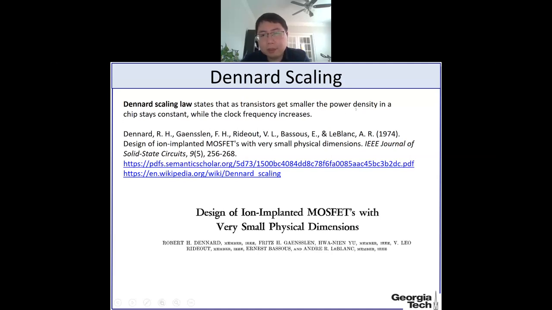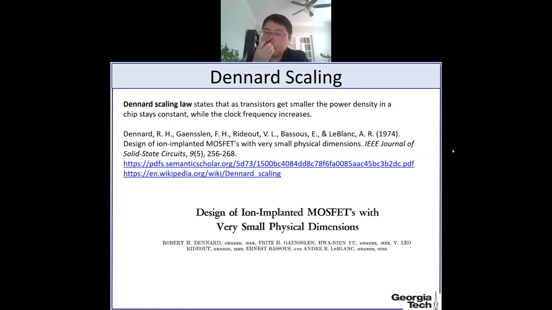Power density is measured as the power divided by the chip area. And then the clock frequency of the chip can increase with the scaling. This was predicted by Bob Dennard in this article back in 1974 in the IEEE Journal of Solid-State Circuits. And this is the original paper, the title, and the authors.